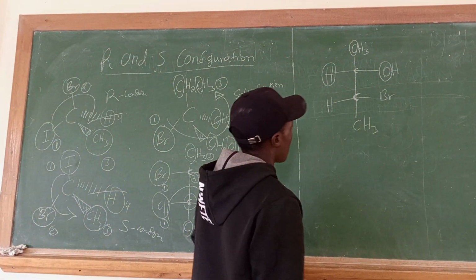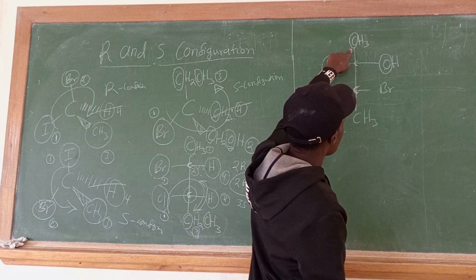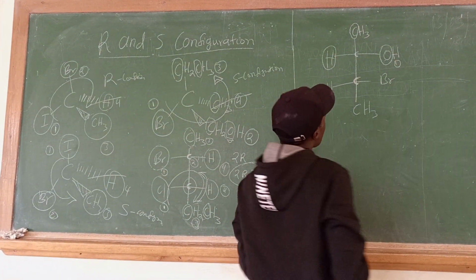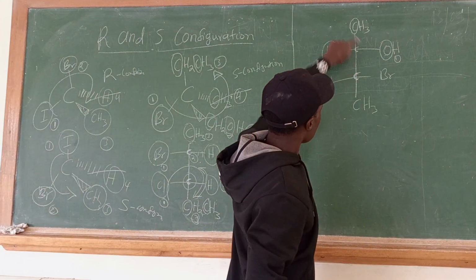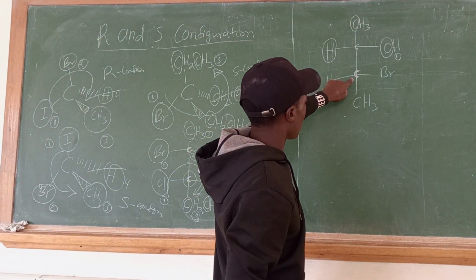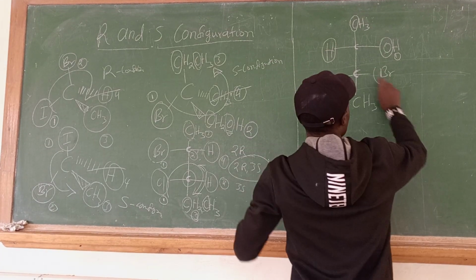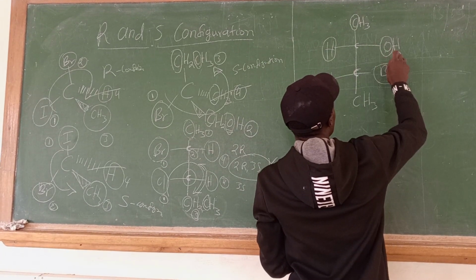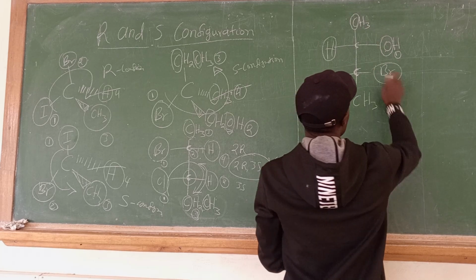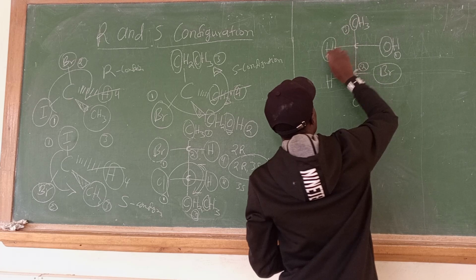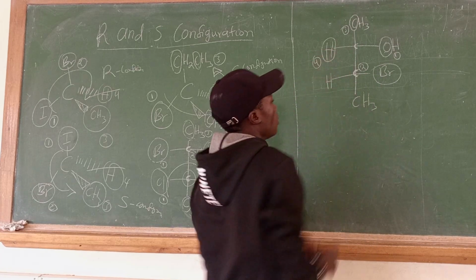So let us assign priority. Between carbon, oxygen, and carbon, oxygen we're going to assign number 1. Then for the carbons, we're going to confirm the groups that are attached to them. Now, this one we have a bromine group, then this one we have a carbon. So of course these are the lead. That means number 2, then number 3, then hydrogen is always number 4.